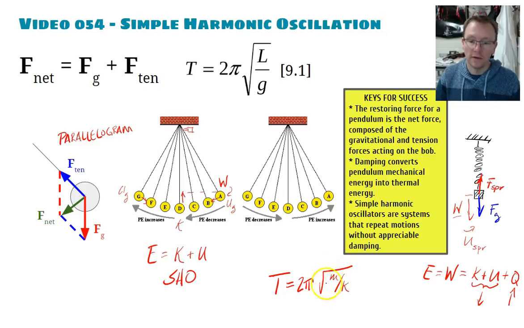So m is the mass of the spring pendulum bob here, and it's the thing that resists a change in its motion. K is a description of the spring itself, and therefore a description of the spring force. And so that tells us how much time it takes for the spring to oscillate around its rest position.